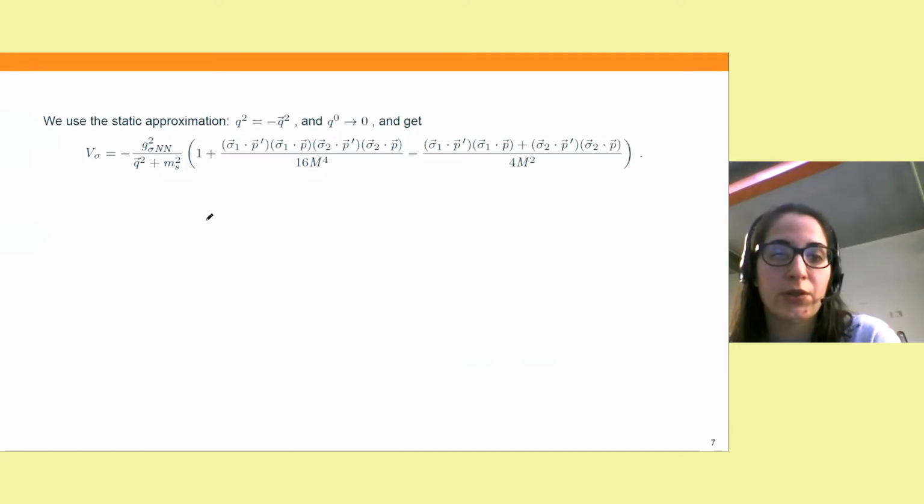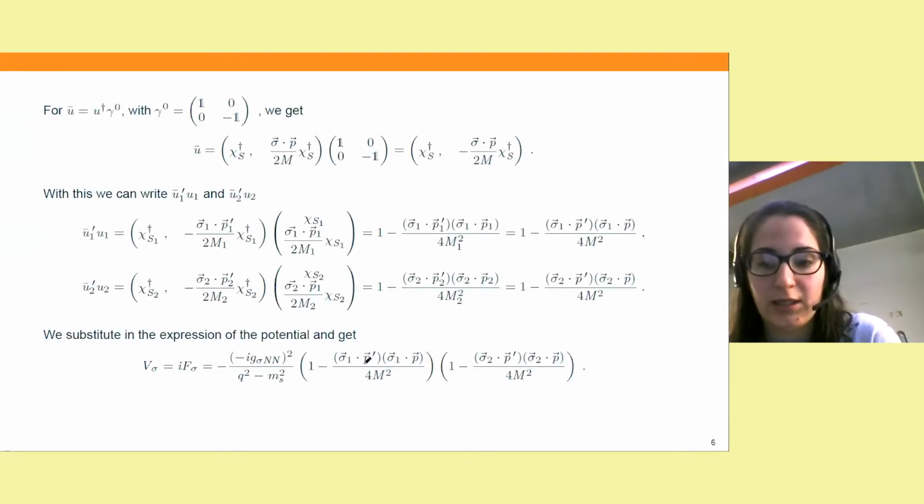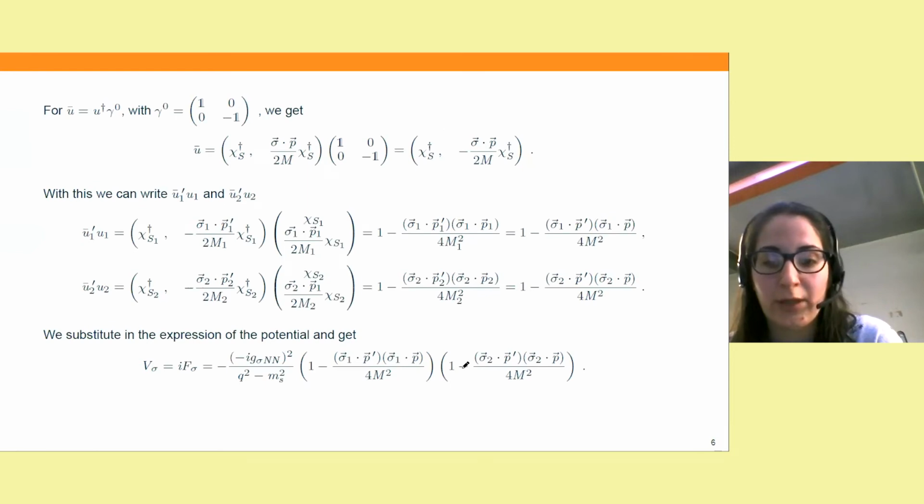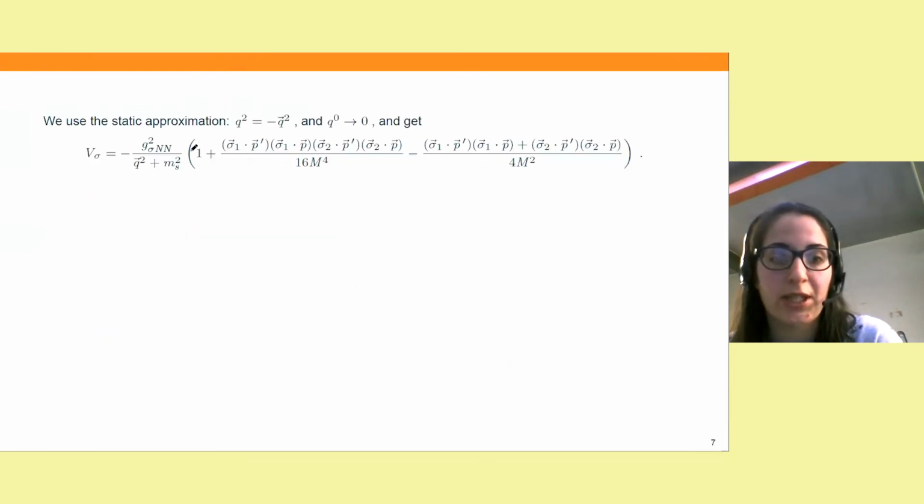So we also use the static approximation that was told to us in the exercise. So the energy goes to 0. And what do we get? We get this expression here, right? We had this here and we just do the products. So what do we have? We have this one multiplied by this one gives this one here.